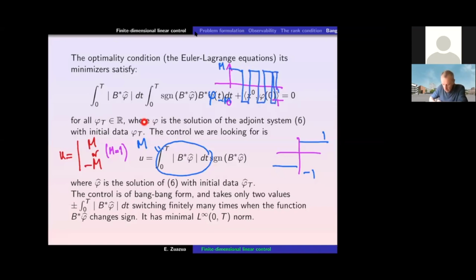And now I have to do it with a control which is just jumping from 1 to minus 1. Then what I can do is divide everything by M. The system is linear, so I can divide everything by M. So if I can control X0 with a control of size M, then I can control X0 over M with size 1. So this is one possibility.